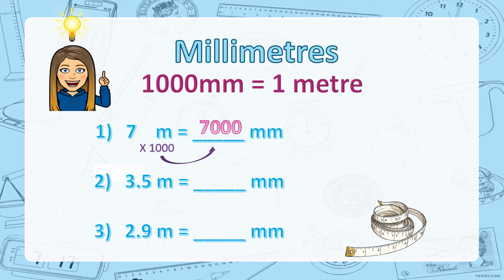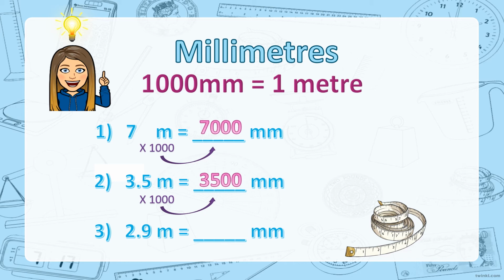Let's have a go at number 2. 3.5. What would that be in millimetres? Remember, we need to multiply by 1000. Can you shout out the answer if you know? Well done, 3,500.